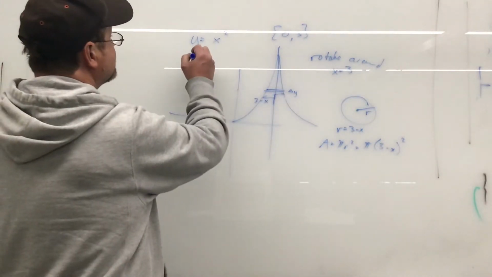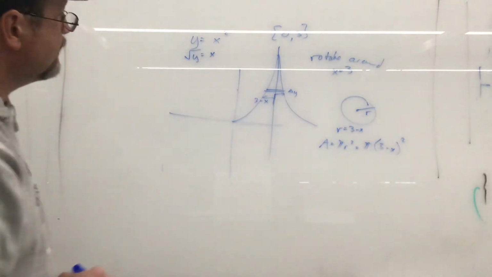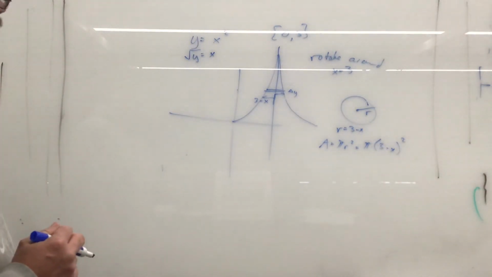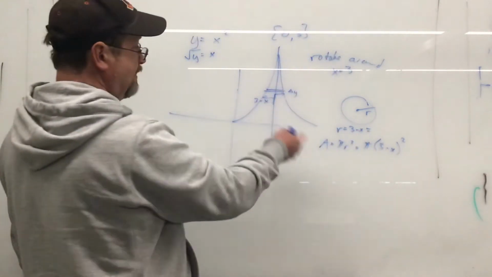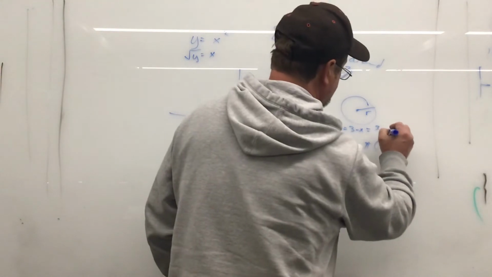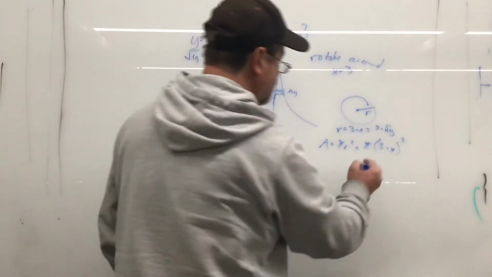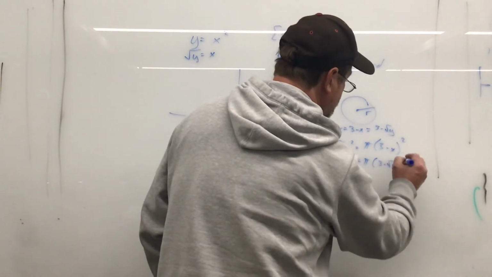So again, I look at this and I say, well, square root of y is equal to x. Well, that's true. So 3 minus x, if I put that in terms of y, would be 3 minus square root of y. And so this area is pi times (3 minus square root of y) squared.